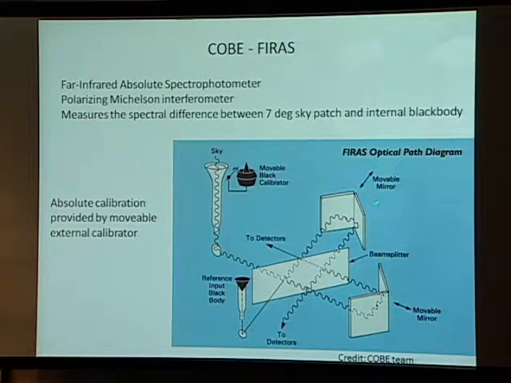It has movable mirrors here and here, a beam splitter, and then there are sets of detectors here and here. So this is a bit like a Fourier transform interferometer. So this measures the difference between the sky and this internal load, and then periodically throughout the measurement, an external blackbody calibrator pops into the sky horn and moves out again. Okay.